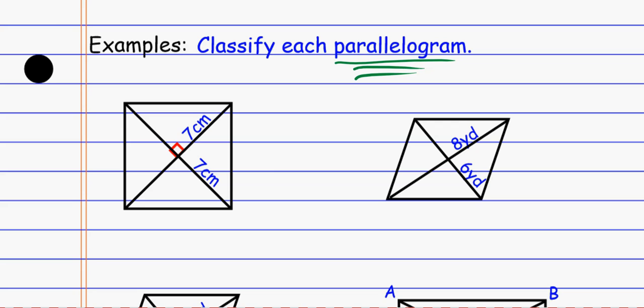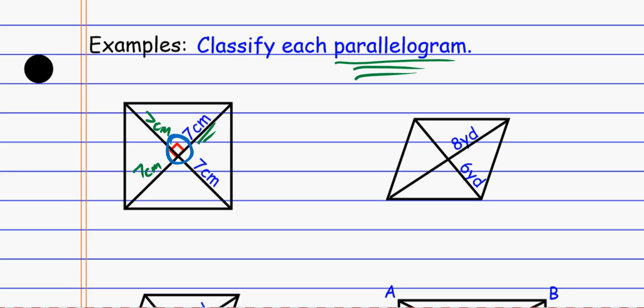If I look at this first one, the first thing I notice is that the diagonals are perpendicular. They come together in a 90-degree angle. So because they're perpendicular, I automatically know that this thing is a rhombus. But then as I look around at this thing, if I start piecing together the measurements, these pieces have to be 7 because they bisect each other. This piece has to be 7 because, again, it bisects the other one.